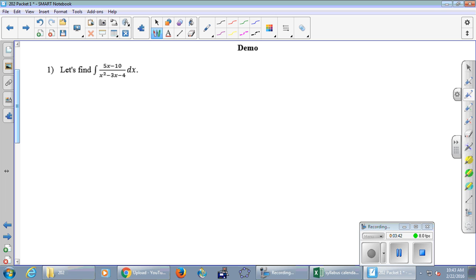All right, so we're going to find the value of this integral right here: 5x minus 10 over x squared minus 3x minus 4. There is a natural choice for you. You don't need to write this because it isn't going to work, but when you have a fraction, what's a natural choice? The denominator, right? So we let u equal the denominator, and then we take a derivative, and we hope it looks an awful lot like what else is in the fraction.